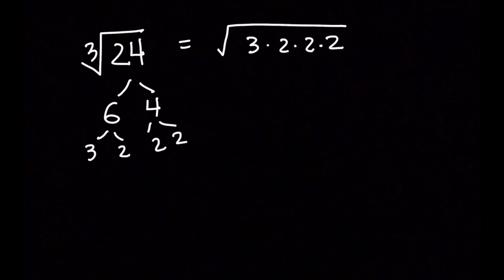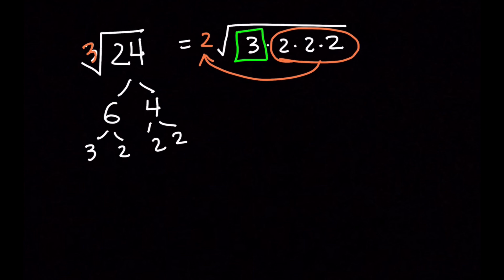Again, my index is 3, my cube root, so that means every set of 3, 1 comes out. This guy is a single, so it will remain in here, meaning my final answer is 2 cube root of 3. Don't forget that. My final answer.